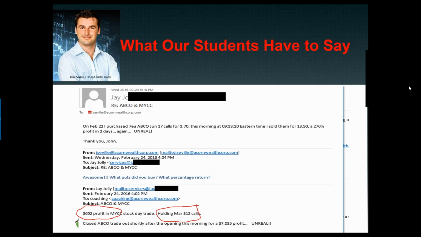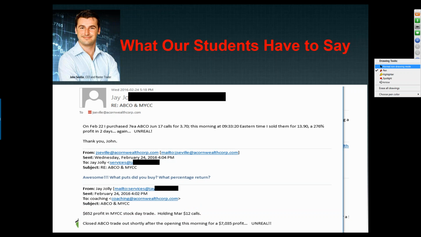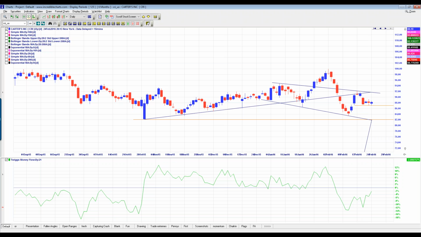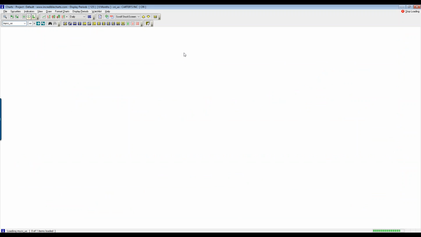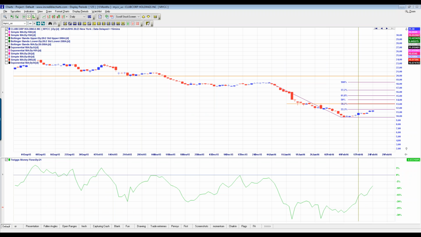They reported after market today. We bought the March 12, 25 cents. The stock was at 11.30. Look at the money flow shooting up.